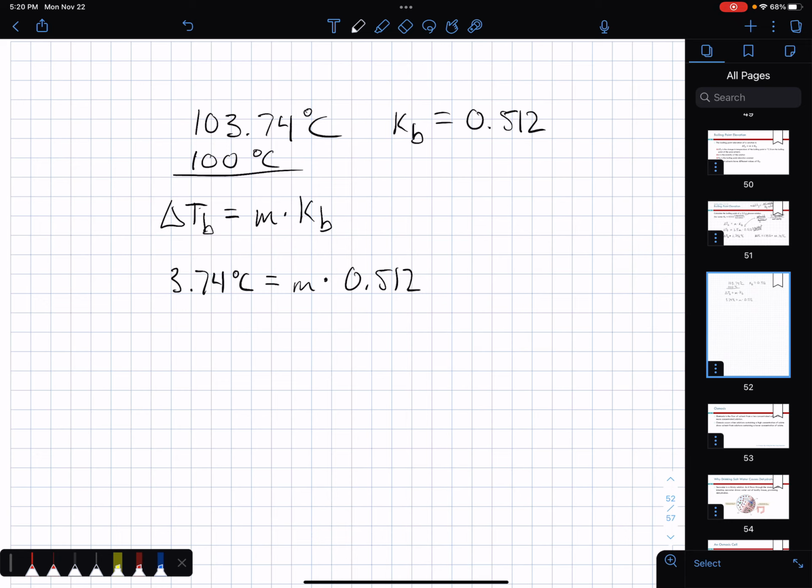I would give you this kind of question for water because 0 degrees C is freezing, 100 degrees C is boiling. And then will this always be in Celsius? Yes, because the units of Kb are degrees C kilograms solvent per mole solute.